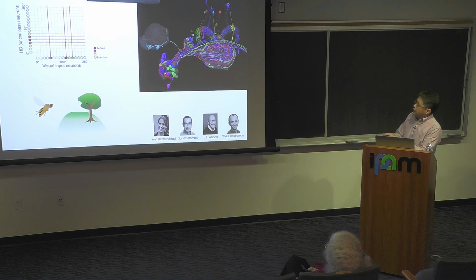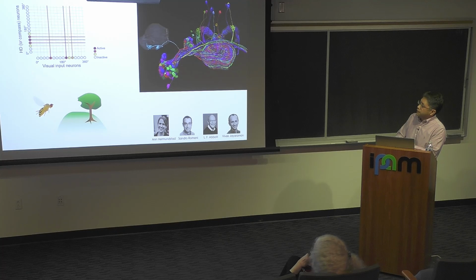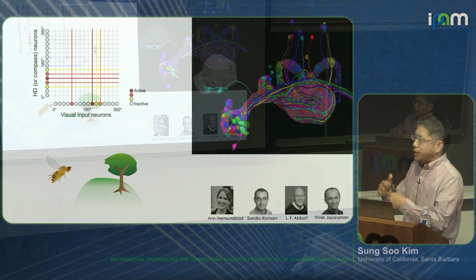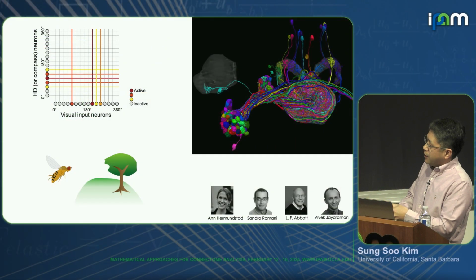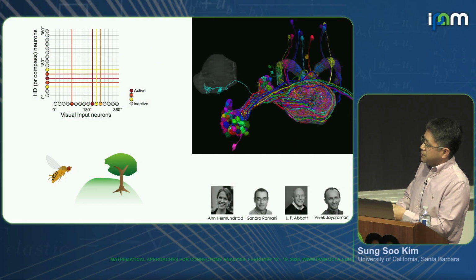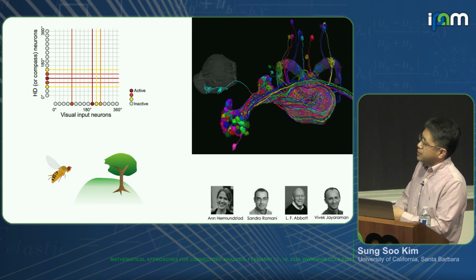So I told you that the ring neuron population has connections to the entire population of compass neurons. And for the sake of simplicity, I aligned the compass neurons along this vertical axis, and I aligned the visual neurons on the x-axis. In this case, visual neurons should be visual ring neurons, and they are inhibitory neurons, but for the sake of simplicity, again, I just assume that these are excitatory neurons.